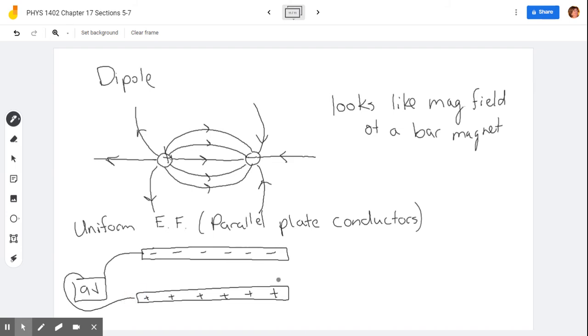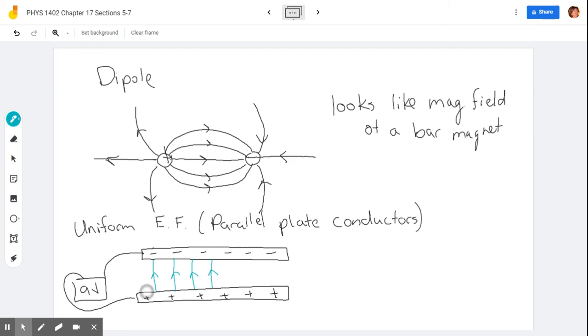The electric field will always point away from positive toward negative. So my electric field lines, and again, I think I'll pick a different color. I should have done that earlier. So the electric field lines will point away from positive toward negative. We want to make them equally spaced to show that the field is uniform. It's not stronger one place than the other.